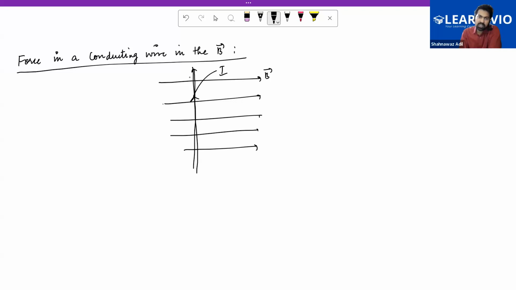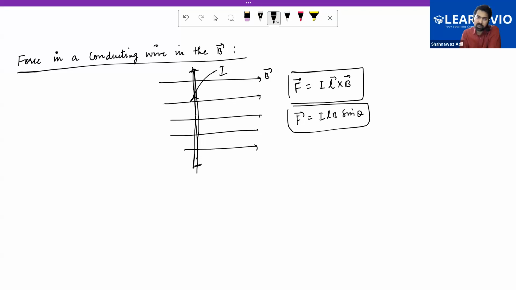So this current carrying conductor will experience a magnetic force, and that would be equal to I L cross B, where L is the length of this wire. So this is I L B sin theta.